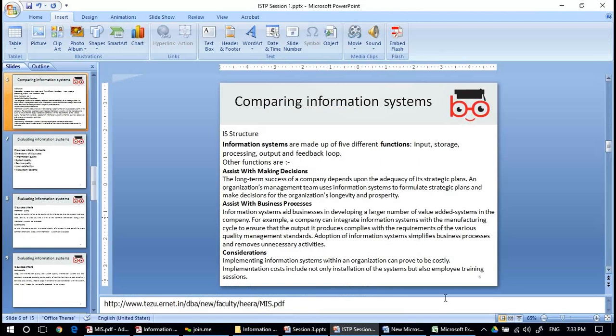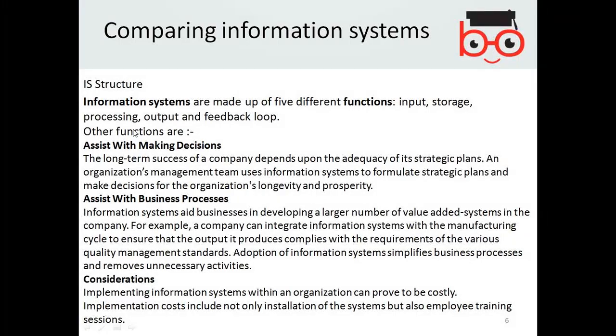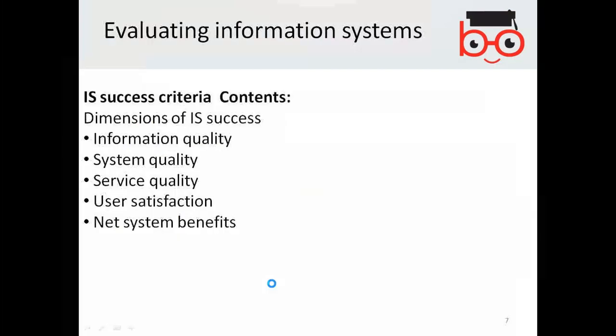So I come back here to the basic definition: information systems and their structures depend on input, storage, output, and feedback loops, and possibly other functions could be relevant, like assisting with making decisions. They could have a structural distinction, and assist with business process considerations.